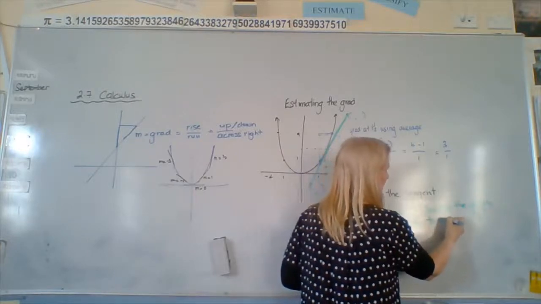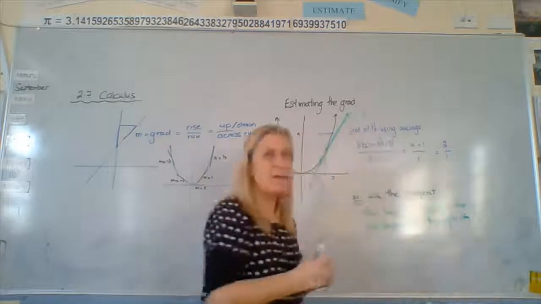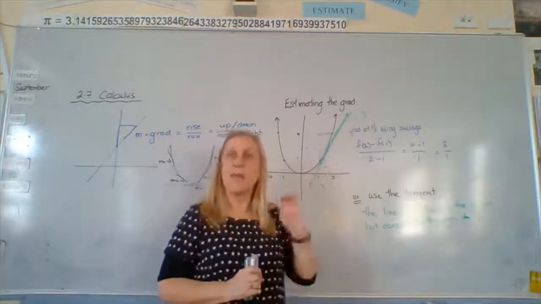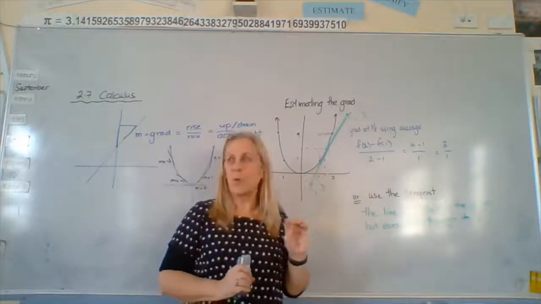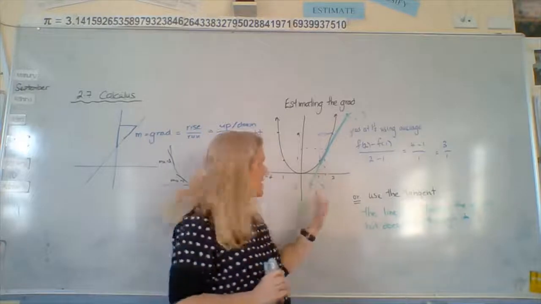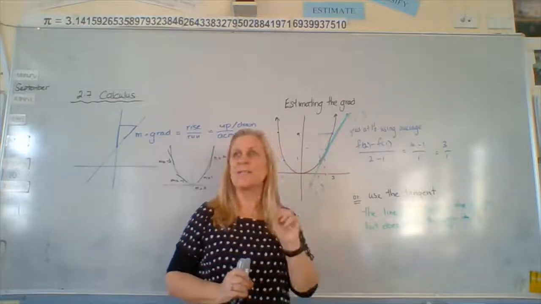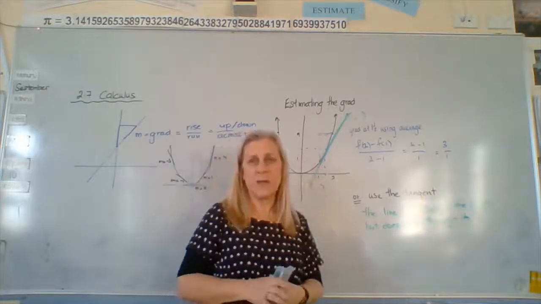So it touches it but doesn't go through it. And then we could try and work out the gradient of that point. It would be far more accurate, but we'd still be guesstimating numbers. We're going to learn to actually find it exactly, but for today we're going to learn to use these two methods.